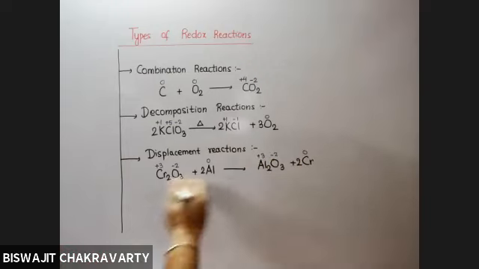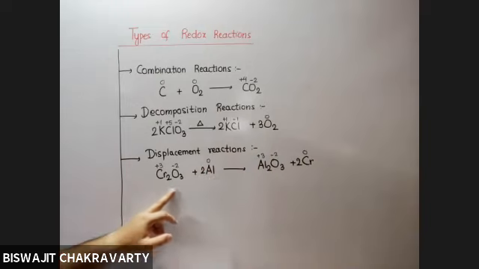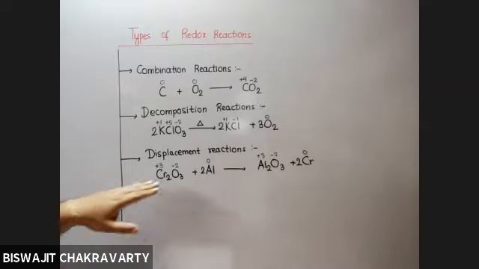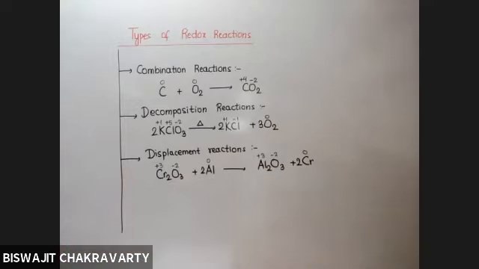So both aluminium and chromium are undergoing a change in oxidation state. When aluminium was non-bonded, it was 0. But when it displaces the chromium and takes its position, now aluminium develops a +3 charge. And chromium previously was +3, but when it is made non-bonded in pure state, it develops oxidation number 0. Clear or not? Yes, sir.